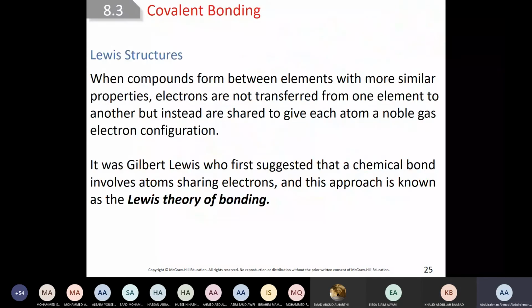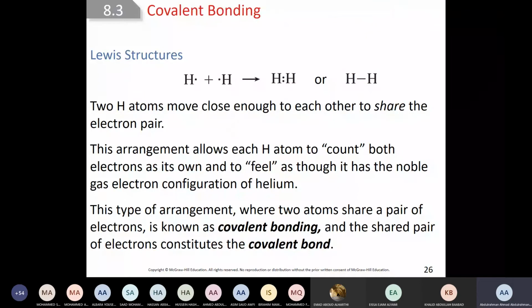All right, we see this in hydrogen, as we said. This is hydrogen, comes with hydrogen to make it like this or like this. It's the same thing, same way of drawing symbols. And in this case, we say this is a covalent bond, covalent bonding, which is sharing of electrons.